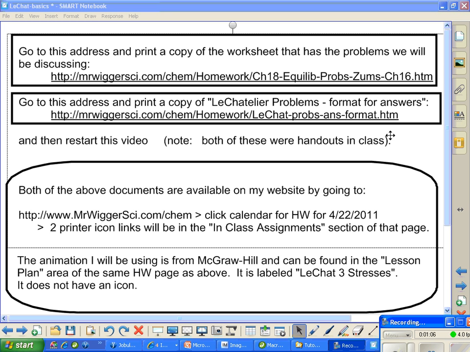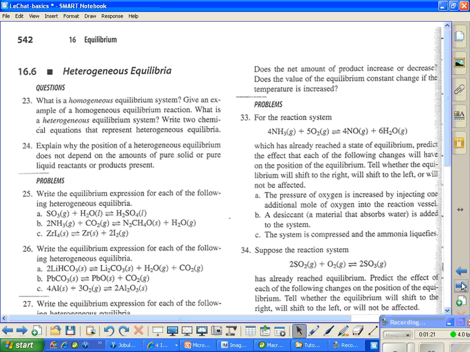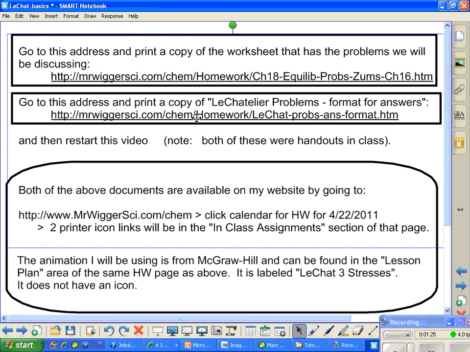Now you can either copy down the website addresses directly for the URLs to get to these two documents. This one up here is the sheet that we have the problems on, and this one here is the sheet that we're going to be doing the logic on.